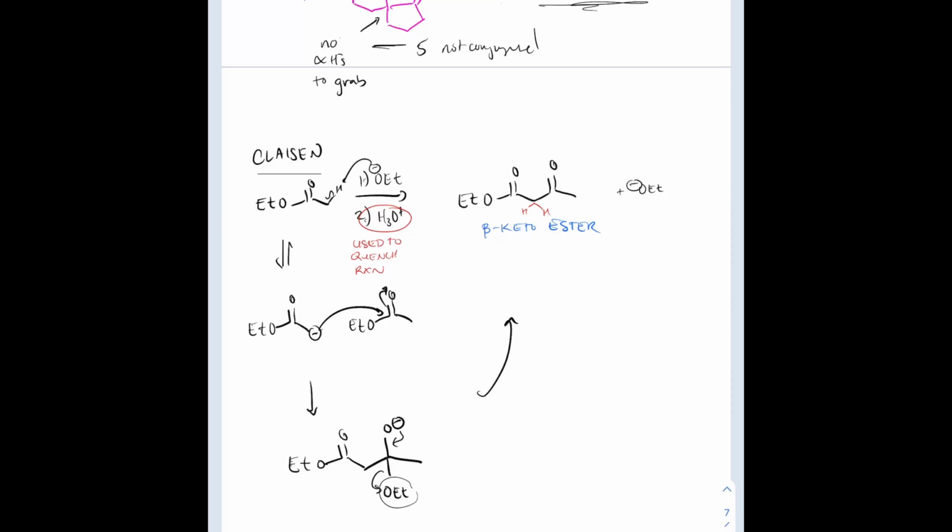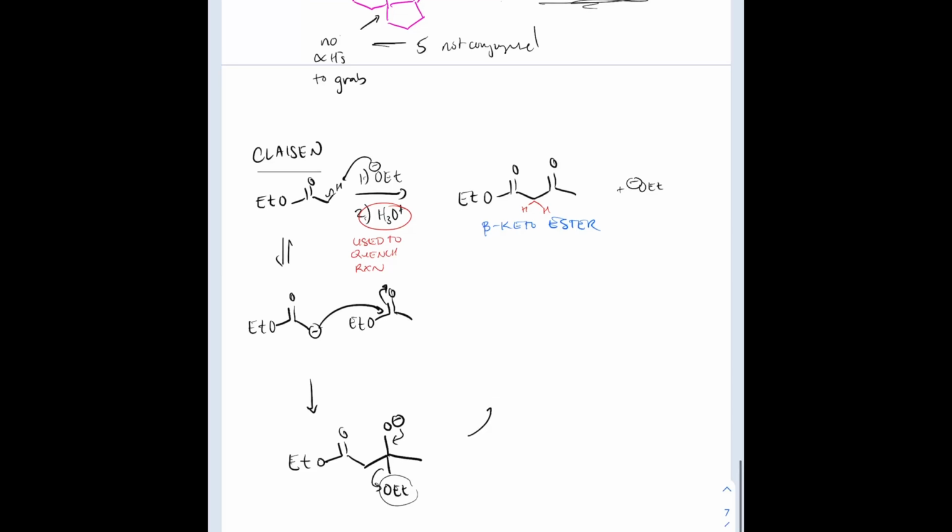So the mechanism here starts with the enolate attacking the carbonyl on the ester. Now the key difference in this one is that we now have a good leaving group. So of the 3 reactions I told you to recall in the beginning, this is the last one where we have that Z group that can actually leave. So this is a nucleophilic acyl substitution.